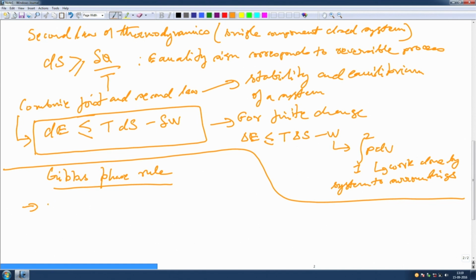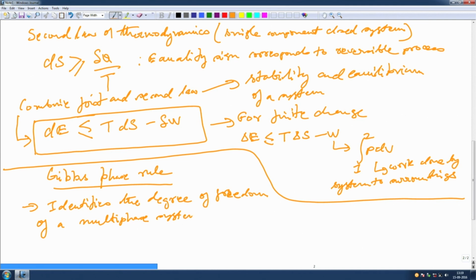Gibbs phase rule basically identifies the degree of freedom, and we will come in a second to what degree of freedom means, of a multiphase system that is in thermodynamic equilibrium.